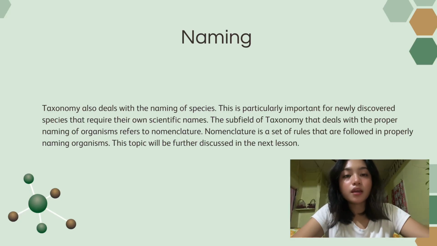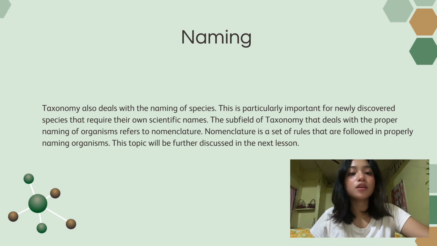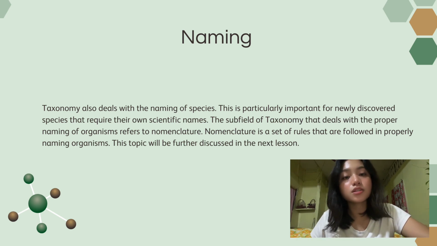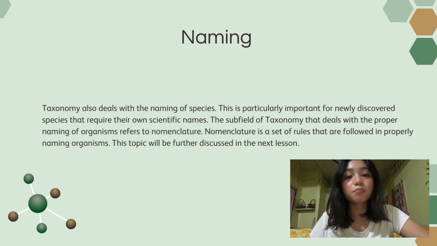So, naming. Taxonomy also deals with the naming of species. This is particularly important for newly discovered species that require their own scientific names. The subfield of taxonomy that deals with the proper naming of organisms is referred to as nomenclature. Nomenclature is a set of rules that are followed in properly naming organisms.